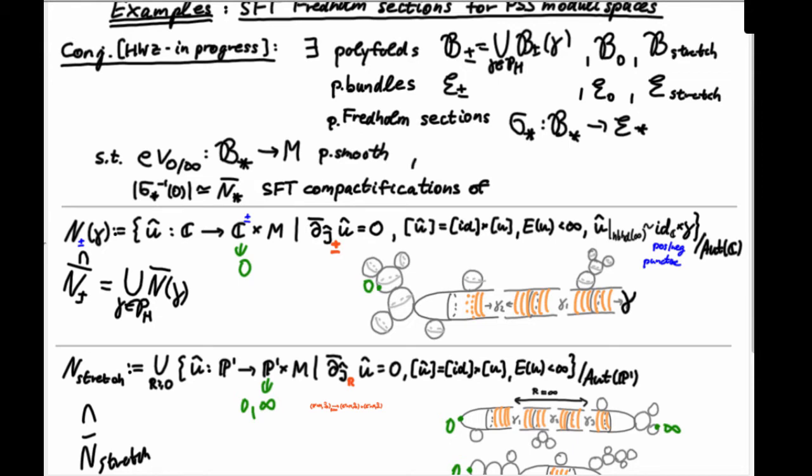All I need is to know the boundary of my stretching polyfold, namely length 0 and length infinity. And length infinity is the breaking into PSS and SSP, so I can take the fiber product over periodic orbits.